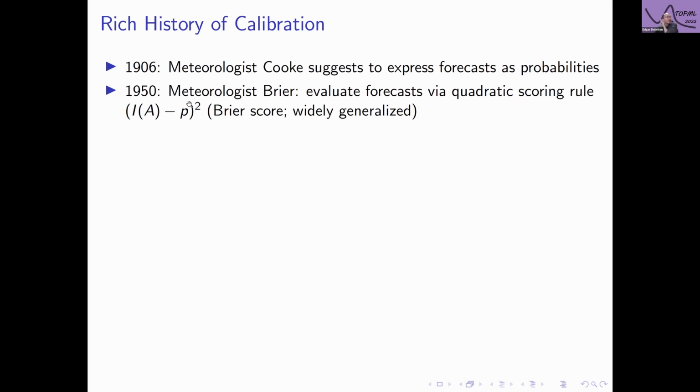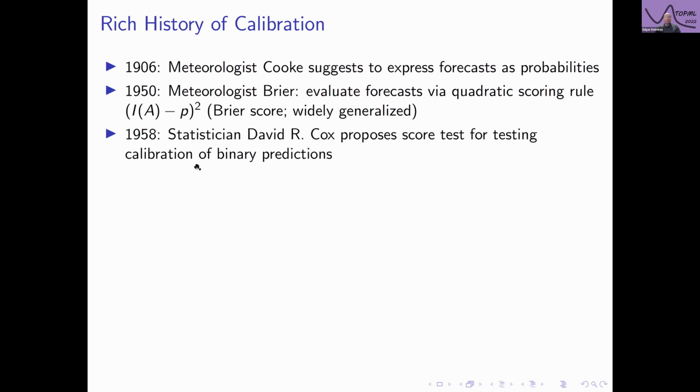Let's say P is the prediction for some event between 0 and 1, in the binary case, A is the event, and I of A is the indicator that A happens. This is a loss function, similar to the usual loss functions we use in statistics or machine learning, except that this quantity is now random. It became known as the Brier score, and it's been widely generalized to other proper scoring rules.